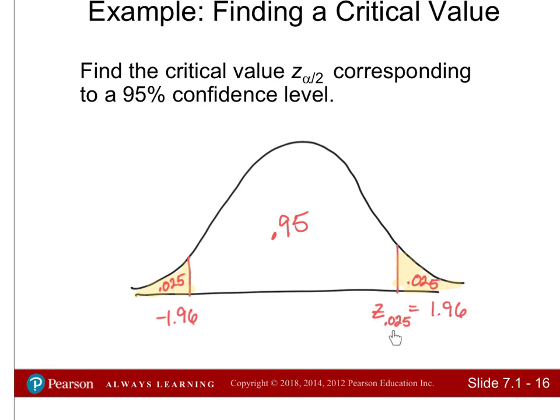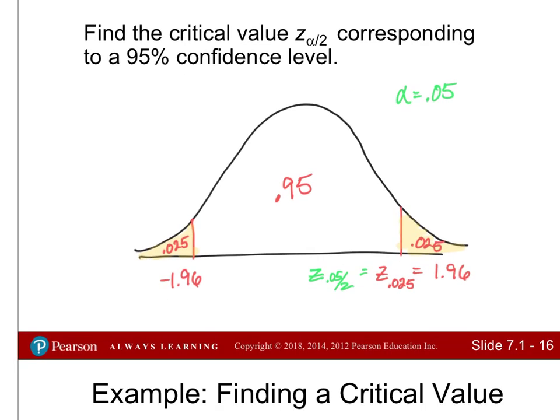And then what we actually are given here is z of 0.05 over 2. That's z of alpha over 2. Alpha in this case is 0.05, the total area in the tails, and the critical value is 1.96 on the right and negative 1.96 on the left. Look in your tables to see that. Okay, so that's how we find a critical value.